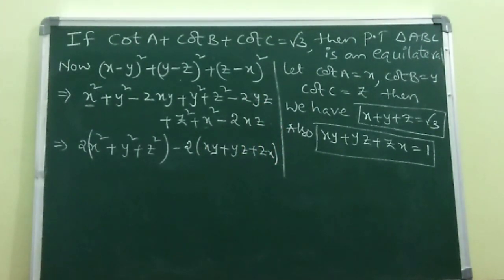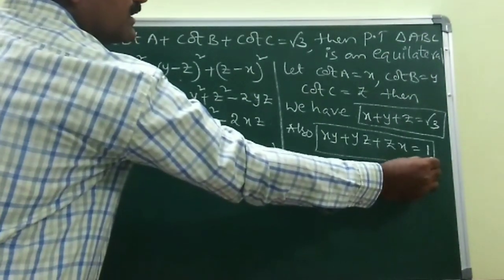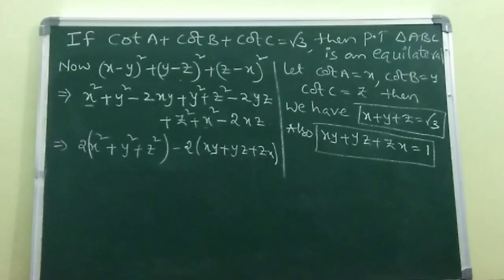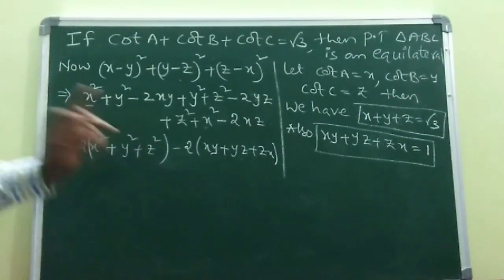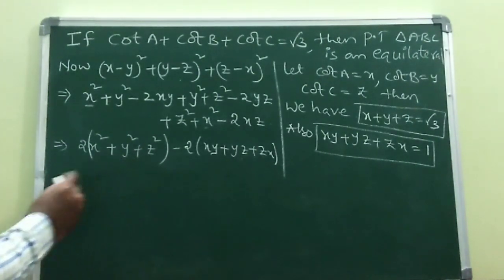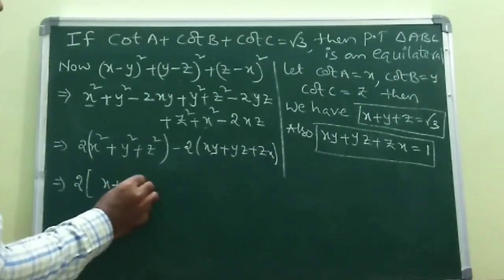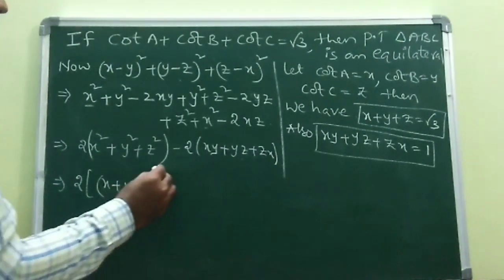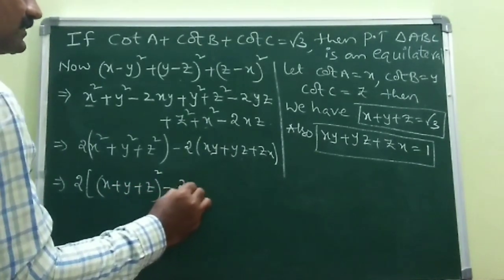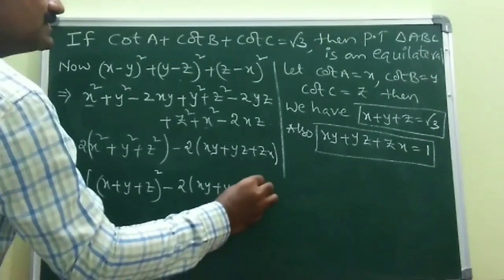Okay. Now we know this value xy plus yz plus zx as 1, but we don't know x square plus y square plus z square. So how can we write x square plus y square plus z square further? You see, may I write it as x plus y plus z whole square minus 2 into xy plus yz plus zx?